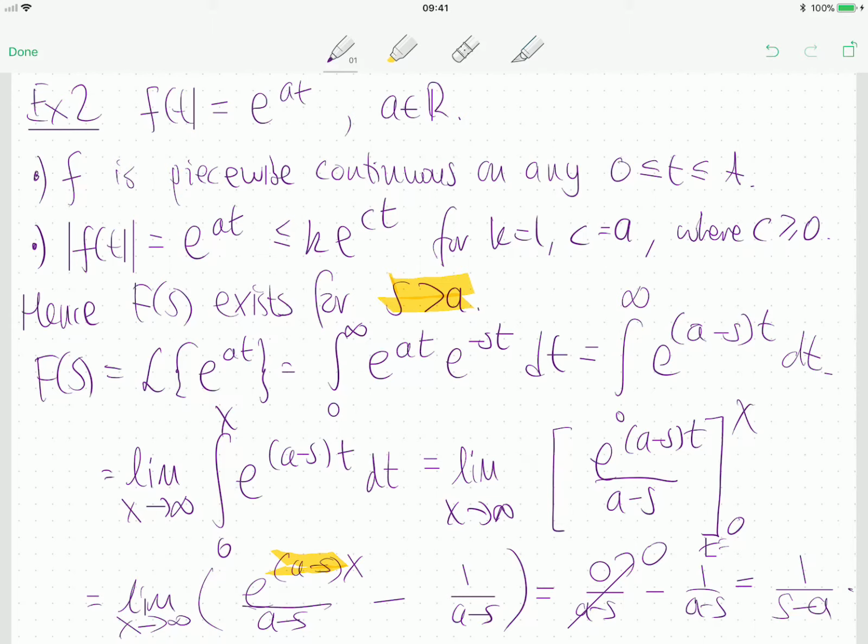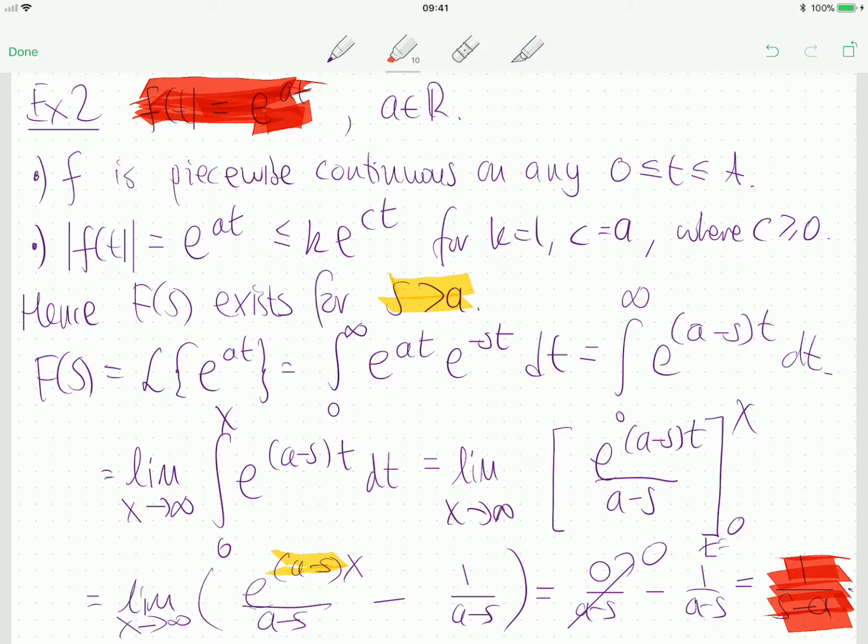We have our answer. The Laplace transform of e to the at, that is this one here, is equal to 1 over s minus a, where a is just a constant.